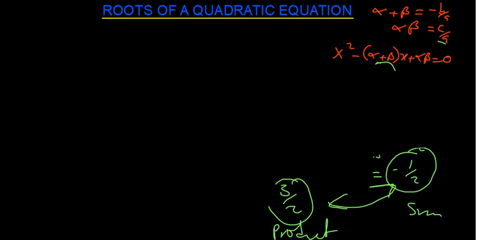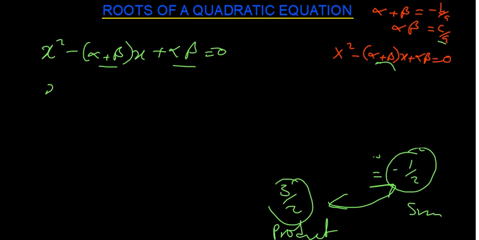Now a quadratic equation should be in the form x squared minus (alpha plus beta)x plus alpha beta is equal to 0. So this is where we put our sum and our product. This is x squared minus our sum, which we found to be negative 1 over 2, x plus our product, which we found to be 3 over 2, should be equal to 0.